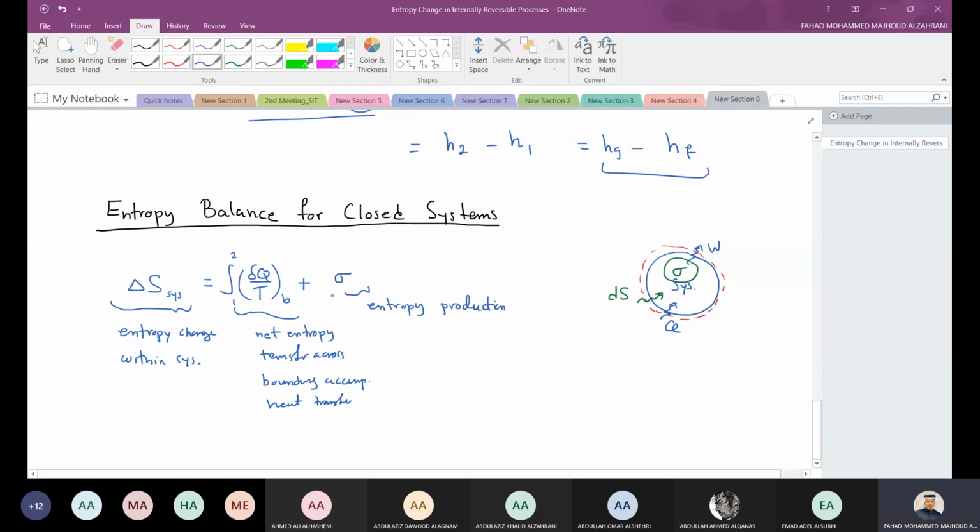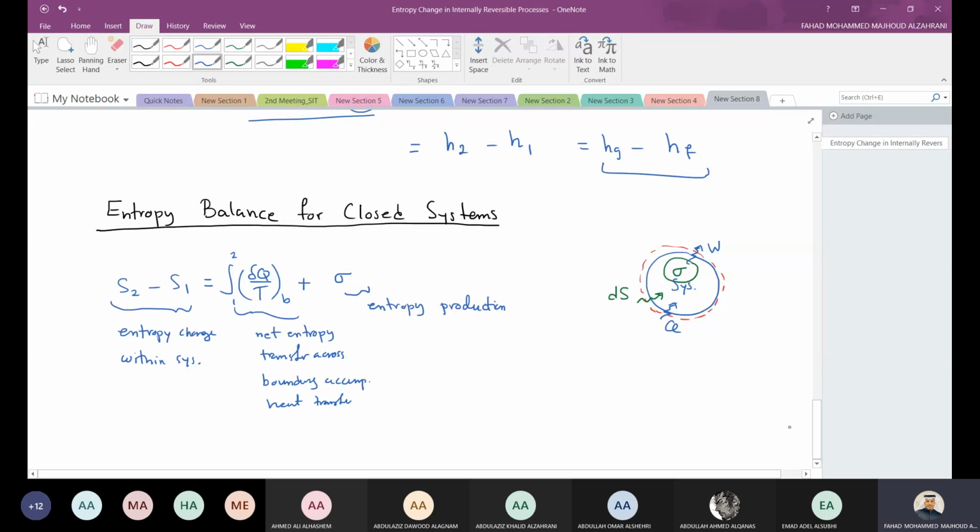Okay, that's why this is important for the calculation of how much entropy you produce within your system. Even if you don't know what the sources are that are giving you entropy, you can still calculate it from this equation. Just to clarify, this delta S is S2 minus S1.